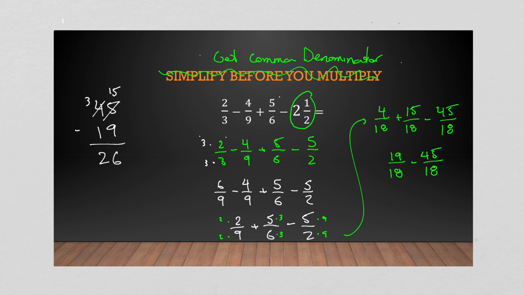The difference between 45 and 19 is 26, but in this case, since I'm subtracting the 45 from the 19, my answer is negative 26 over 18. And now if we consider simplification, 26 and 18 are both even, so I'll divide them both by 2. I'll demonstrate it this way rather than breaking it down into factors. And we get negative 13 over 9. 13's prime, so you know we're done.